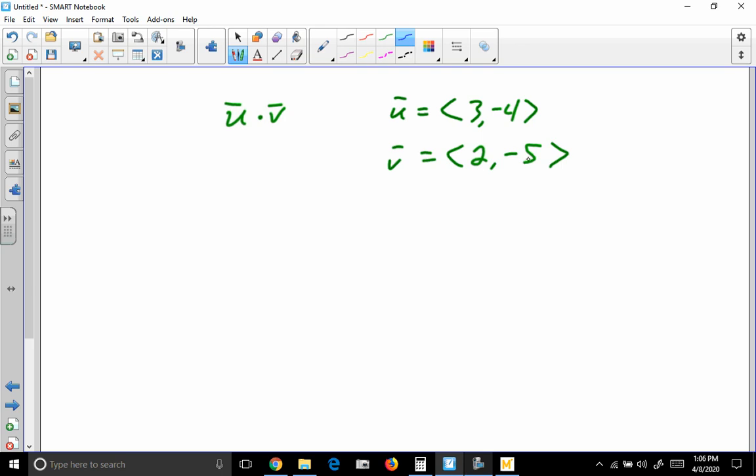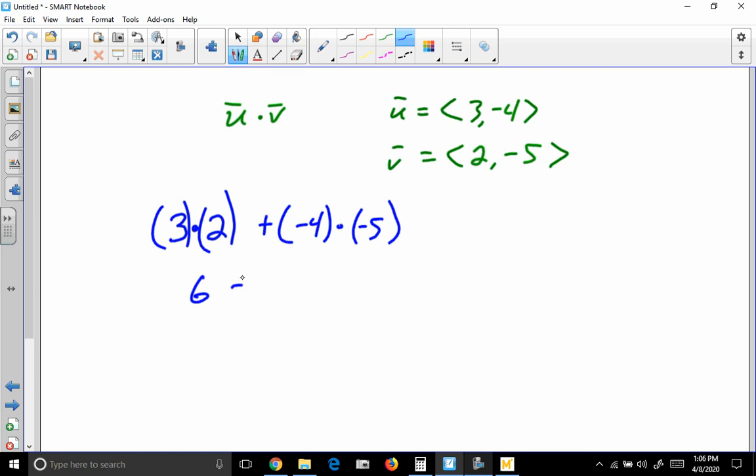These are both in the y direction, so those distances are parallel. So we multiply the x from u times the x from v. We add that to the y from u times the y from v. So 6 plus 20, so 26 is the dot product. And notice that when we do this product, it's not a vector, it's just a scalar.